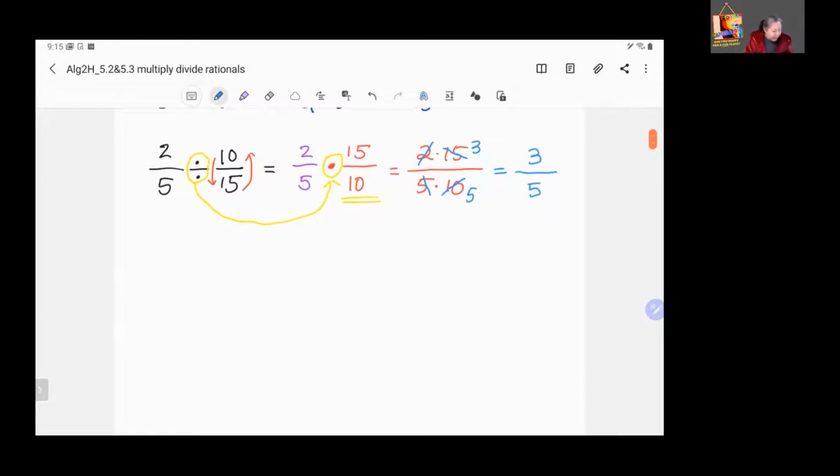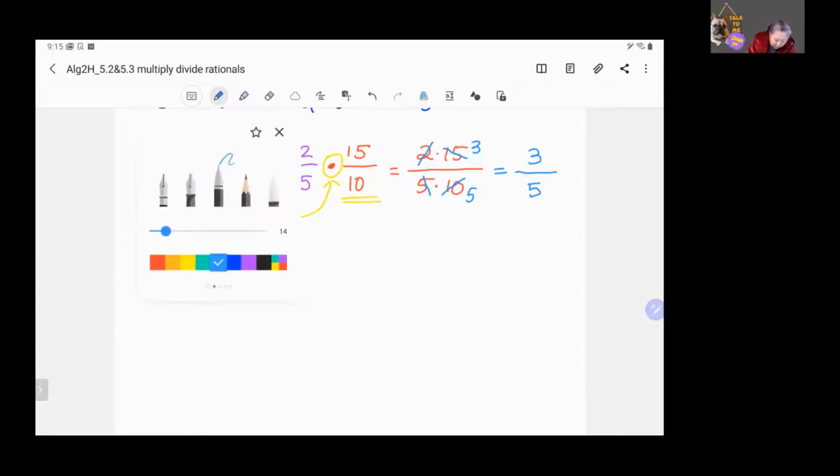Then let's have two typical multiplying and dividing rational expressions here.